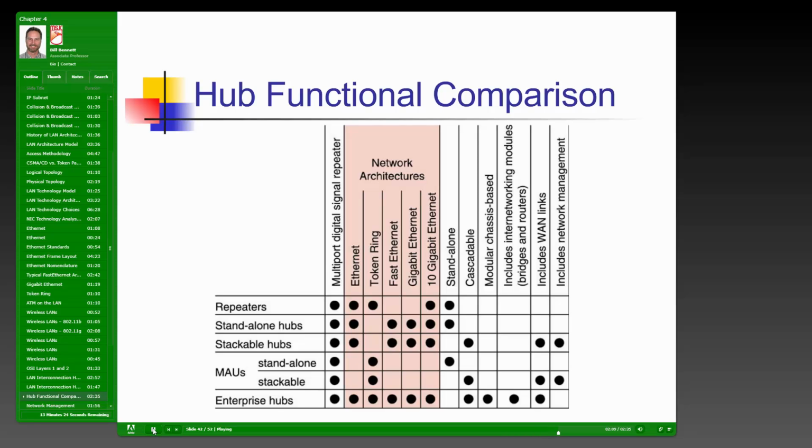But I would argue that this is what you are wanting to analyze when you go out and you look at these components, and you go to the Cisco website or Linksys or all the different companies, D-Link, that offer this type of equipment. You're going to want to make these comparisons for yourself and determine which is going to be the right device for your network. Of course, I pretty much am arguing too that you're not going to be using a hub these days. You're going to be using a switch.